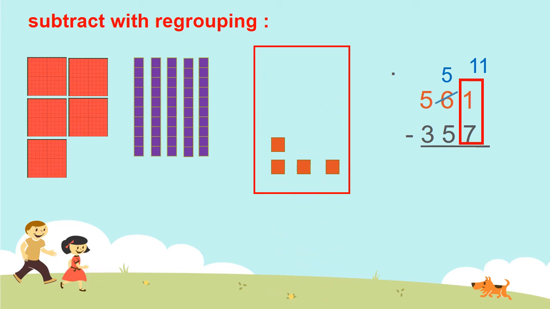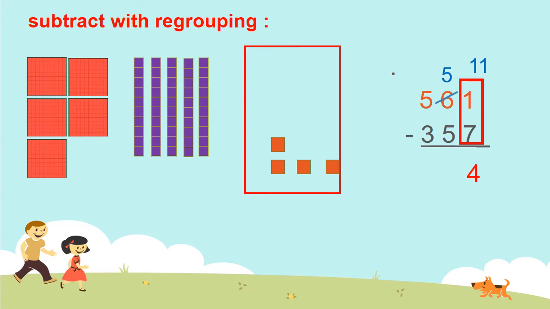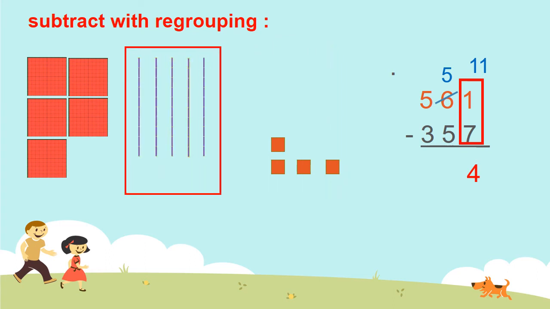How many do I have left? 4. Good job. Now let's go to the tens. So this is 5. Take away 5, what do we get? A 0. I don't have anything left, so it's a 0.